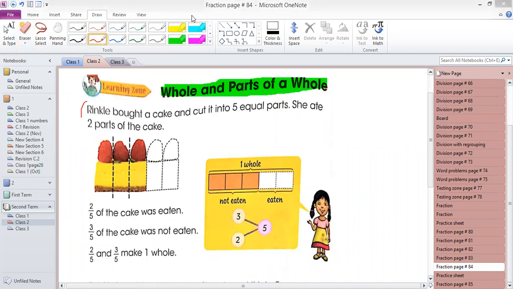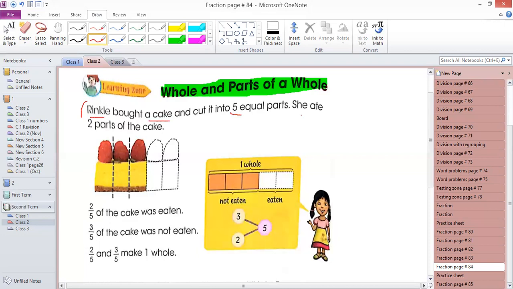Ahmad Al-Khalf. Yes, sir. Start reading from here. Wrinkle bought a cake and cut it into 5 equal parts.